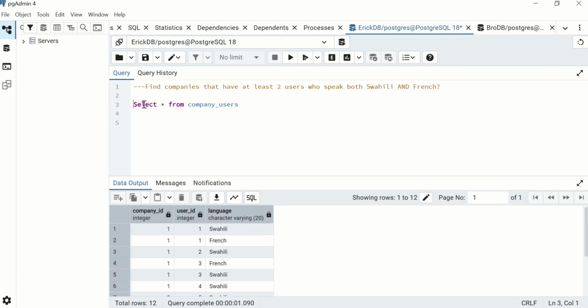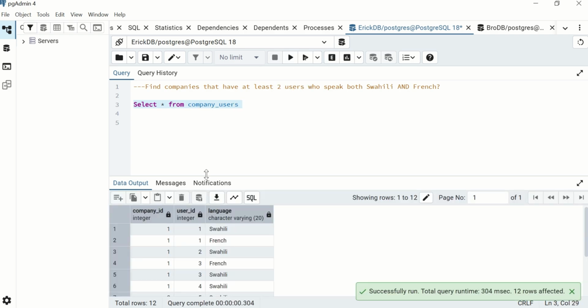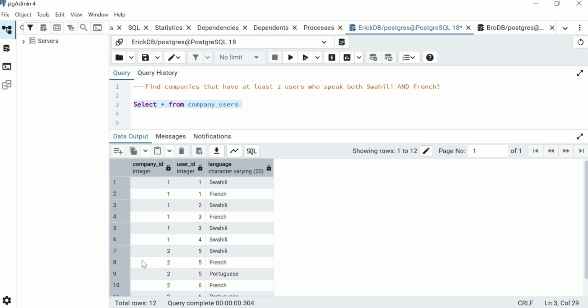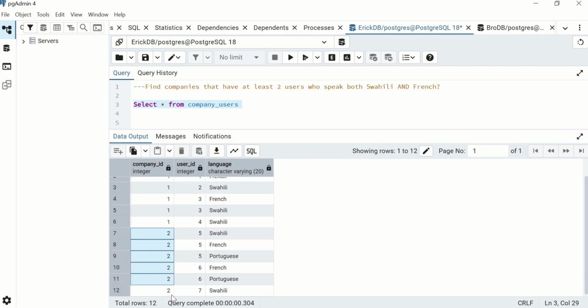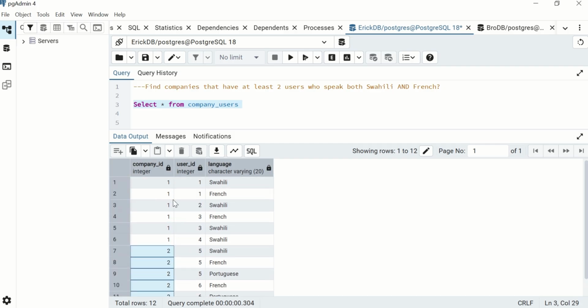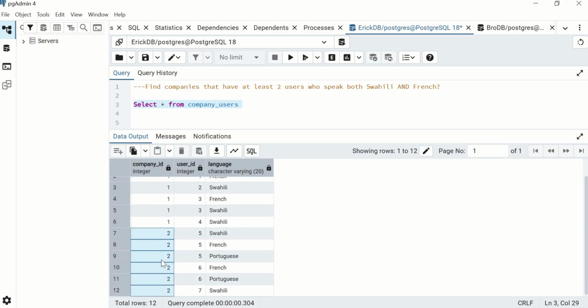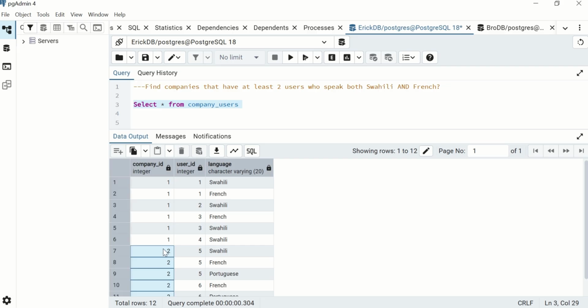So we have this table here containing the details of the companies. We have company ID one and company ID two, so we have two companies generally.